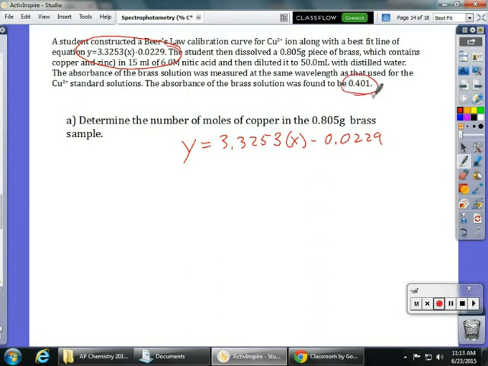We know the absorbance is 0.401 for our y. 0.401 equals 3.3253x minus 0.0229. And that's going to give you an x value, that is a concentration for this, of 0.127 molar.